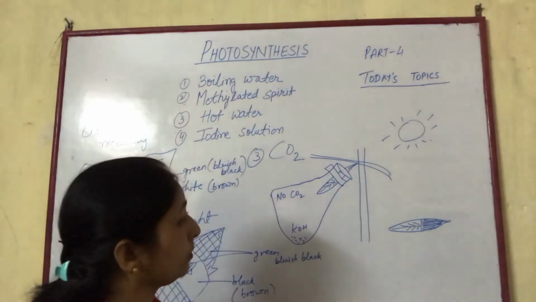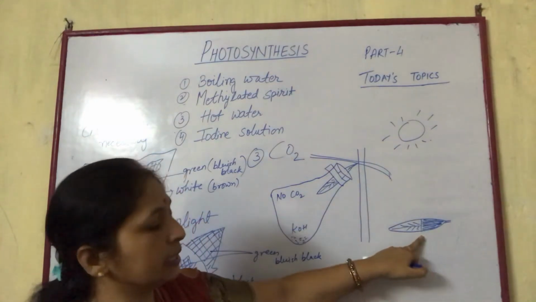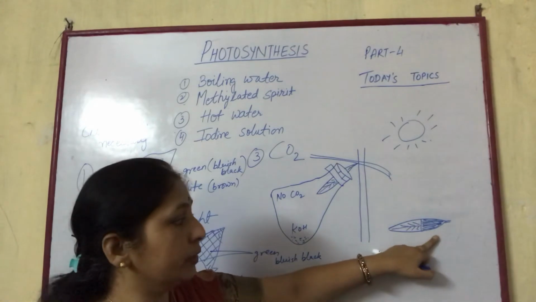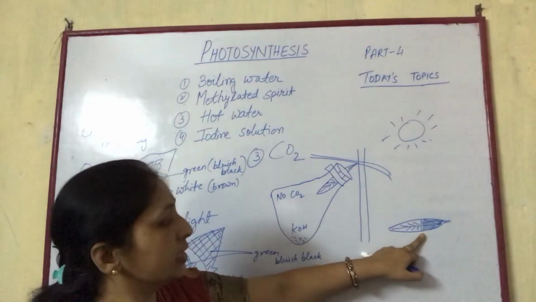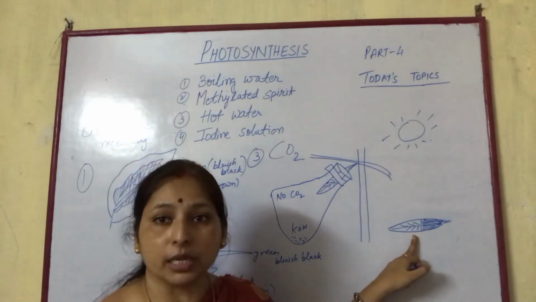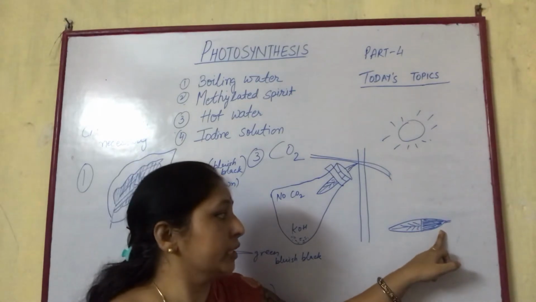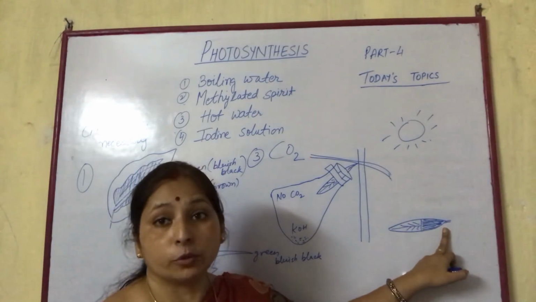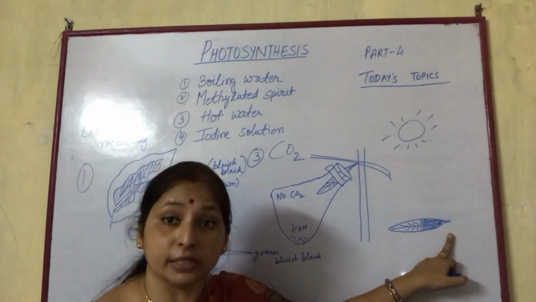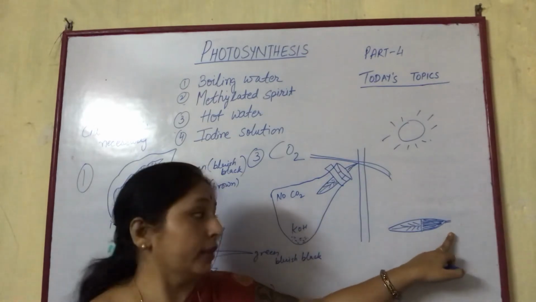Here in this experiment, when we have tested the leaf, the leaf which is inside the conical flask shows no starch after the iodine test, while the leaf which is outside the conical flask shows presence of starch, as it is receiving the sunlight as well as CO2.